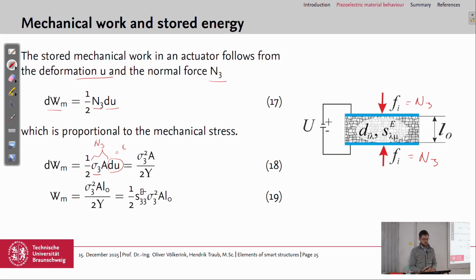Outside of smart structures or this lecture, this would be E, but we have electrical field E, so the stiffness is epsilon. And then if we multiply it with L0, then we have the mechanical work, or the stored mechanical work. And we could also write it not in terms of stiffness, but in terms of compliance again.